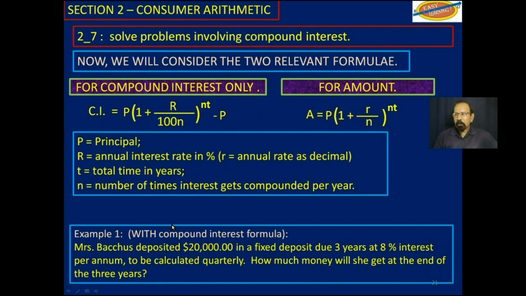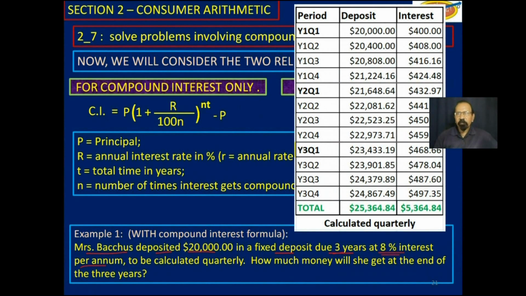Let's look again at Mrs. Backus and her deposit of $20,000 fixed deposit for 3 years at 8% interest per annum. We calculated that and we said that the amount she will get is this amount. And this will be the compound interest. Now, if you can calculate the amount, you will just subtract the initial deposit and you will get the interest. So if you are going to learn any of these formulae, learn the one with amount.